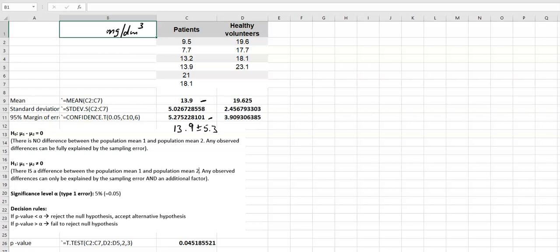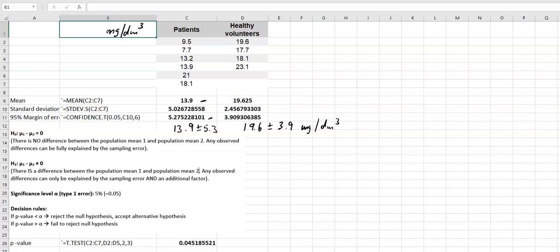And for the healthy volunteers, we have 19.6 plus minus 3.9 milligram per decimeter cubed.